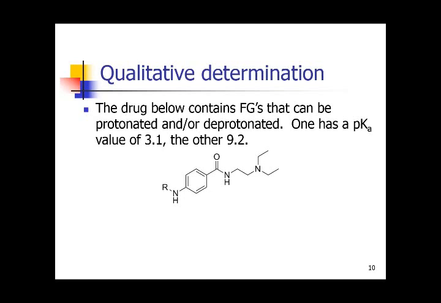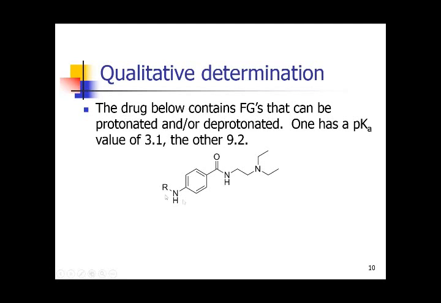So, now if you don't know how to do this, you must go back to part 3 when I talked about bases. As drawn, there is nowhere where there's a pKa of 3.1 or 9.2. But there's a functional group that could possess that pK value once it's protonated.